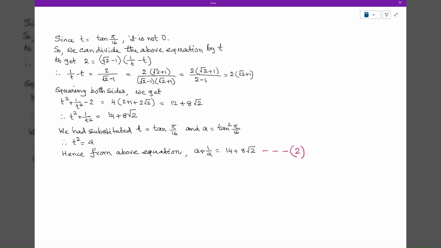Hence, from this equation, we get a plus 1 by a is equal to 14 plus 8 multiplied by square root of 2. Let us call it equation 2.